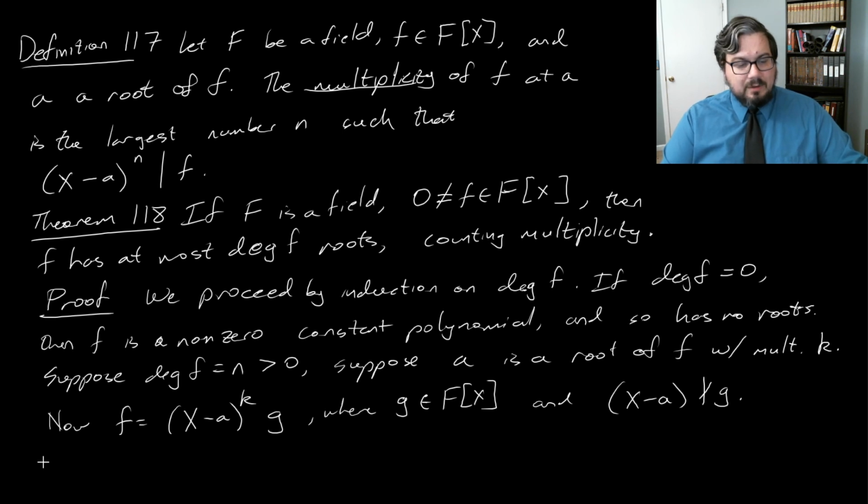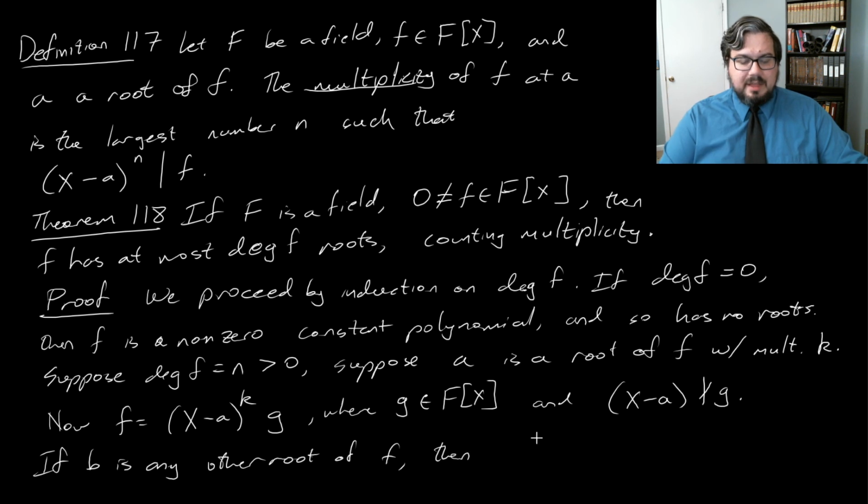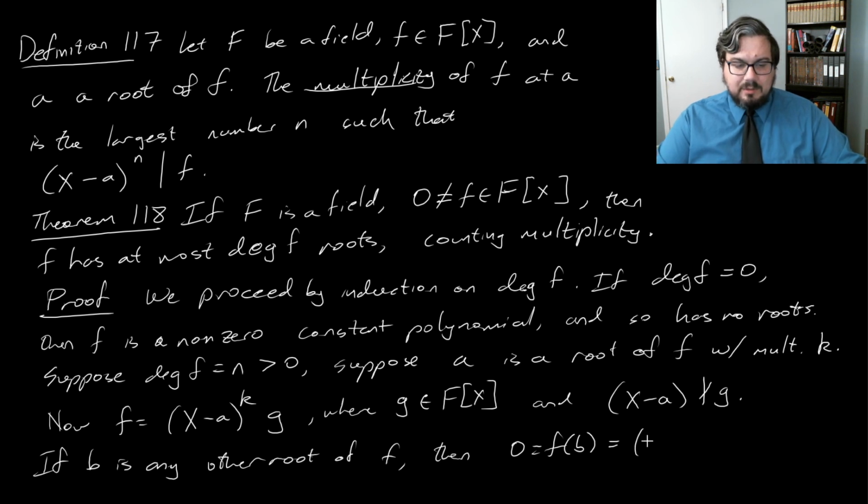So now, if b is any other root of f, then we have that 0 is equal to f evaluated at b, which is equal to (b minus a) raised to the kth power times g evaluated at b.